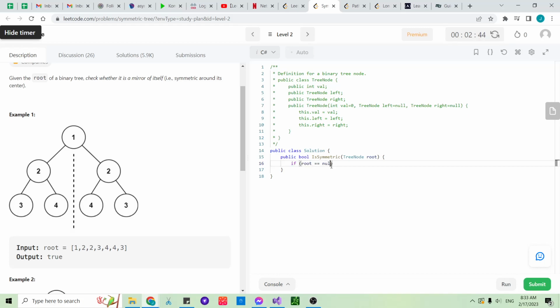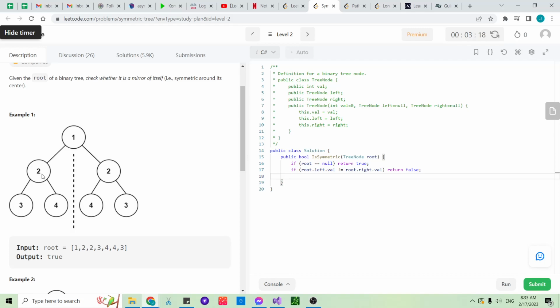If root is null, we return true. This we might be able to optimize later, but for now, if that's not the same, that's not symmetric.